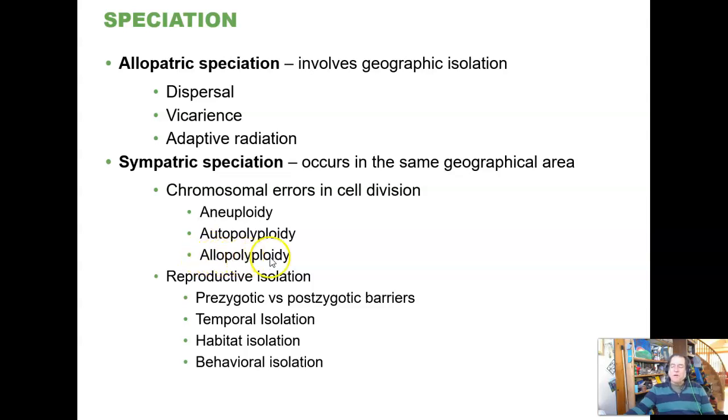But allopolyploidy is the same sort of idea, except one individual has had this happen. They've duplicated the genome in one of their gametes, and that gamete still fused with, let's say, a haploid gamete from another plant, male plant over here, female plant over there, and they combine together to create a triploid cell.